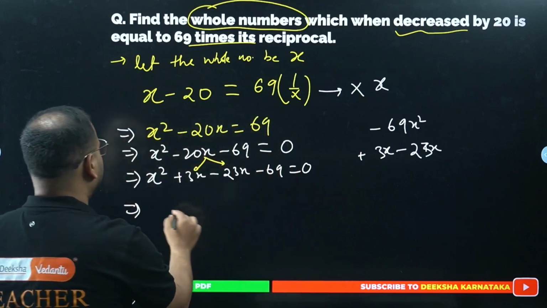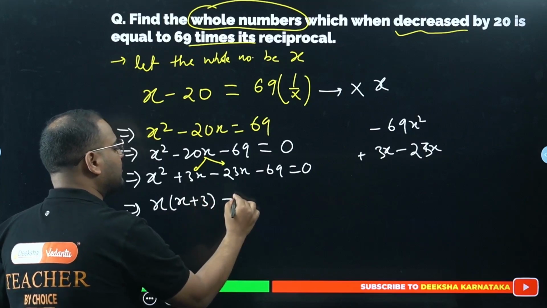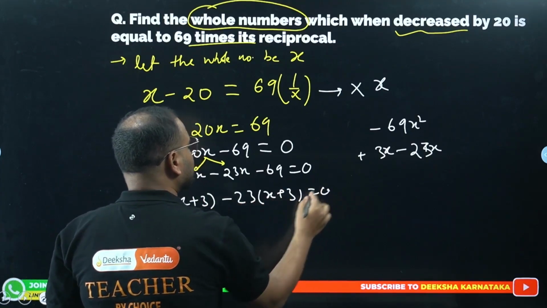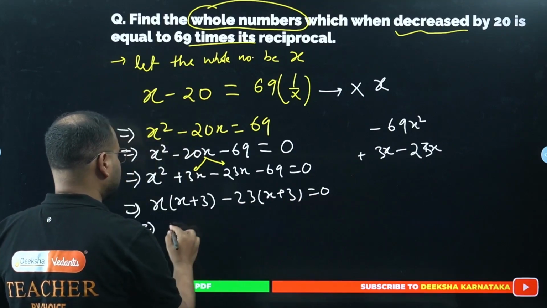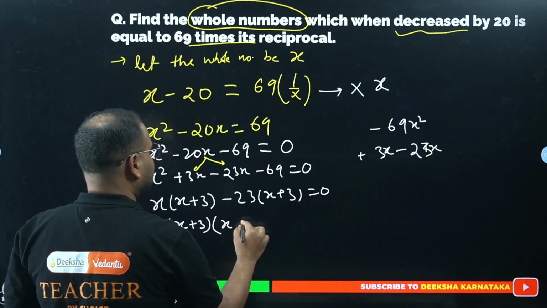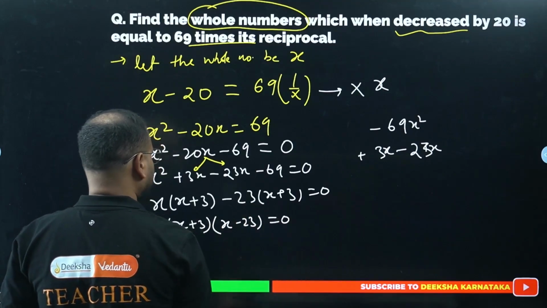Okay, let's simplify here. X plus 3, take 23 common. X plus 3 is common. X plus 3, x minus 23 equal to 0.